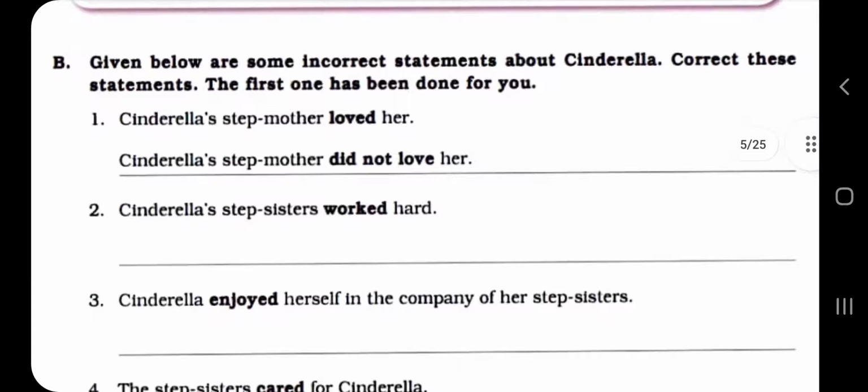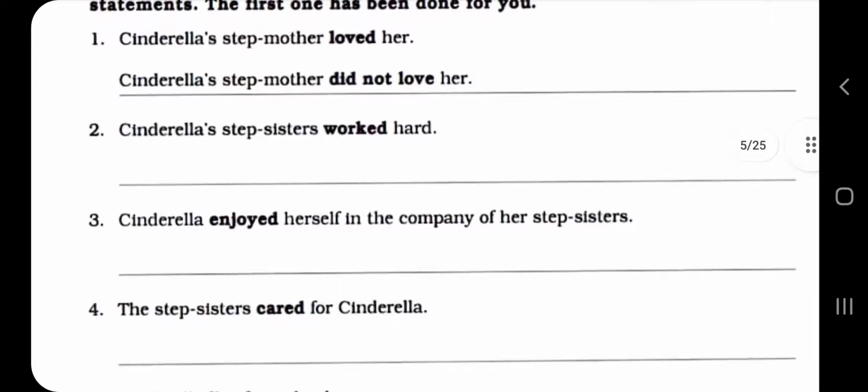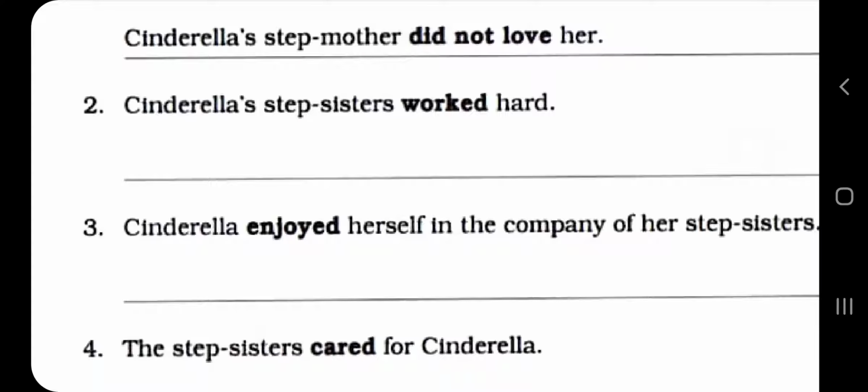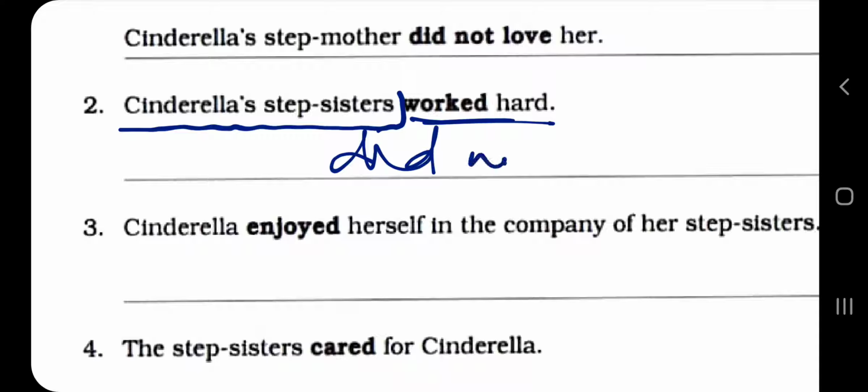Let's do it. This one is very easy. You can easily complete it. Cinderella's stepmother did not love her. Now you have to write this complete sentence here. After this you have to write did not work hard.